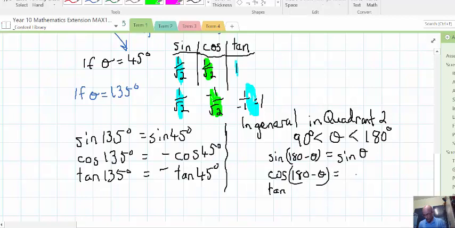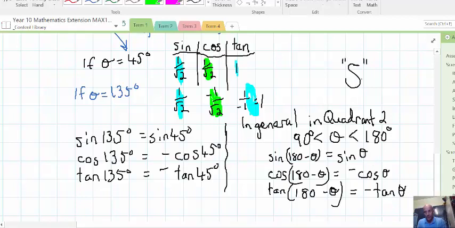So if we have cos of 180, take the reference or related angle, it's equal to the negative of cos of the reference angle. And lastly, tan, the same story. So tan of 180, take the reference angle, is negative tan of the reference angle, also known as the related angle. So that's your takeaway there, and that's why they call quadrant 2 S, because only sine is positive.